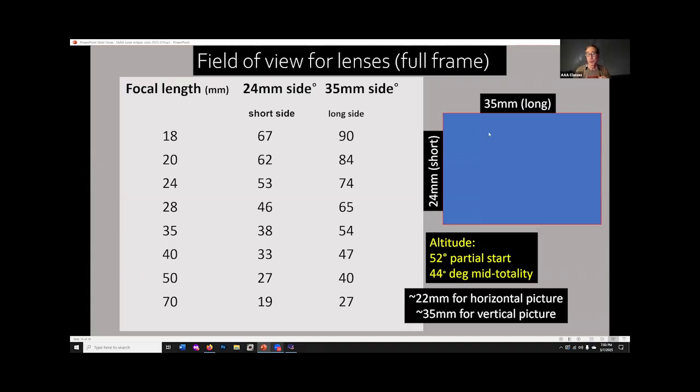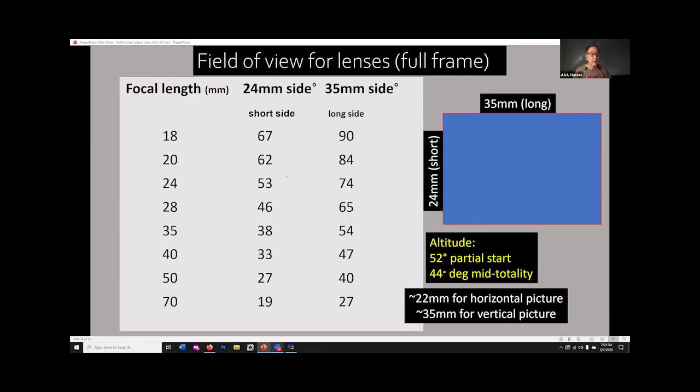If the blue rectangle is the camera sensor, 24 millimeters is the length on this side, 35 millimeters is the length on the long side. So if you're shooting a horizontal picture, you need an angle of view on the short side of 52 degrees at least to get the moon plus anything on the horizon, if that's what you want.